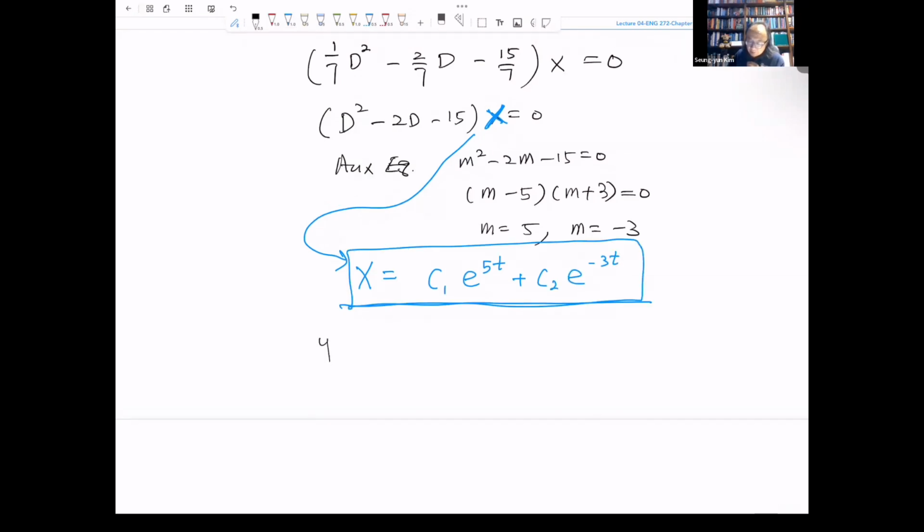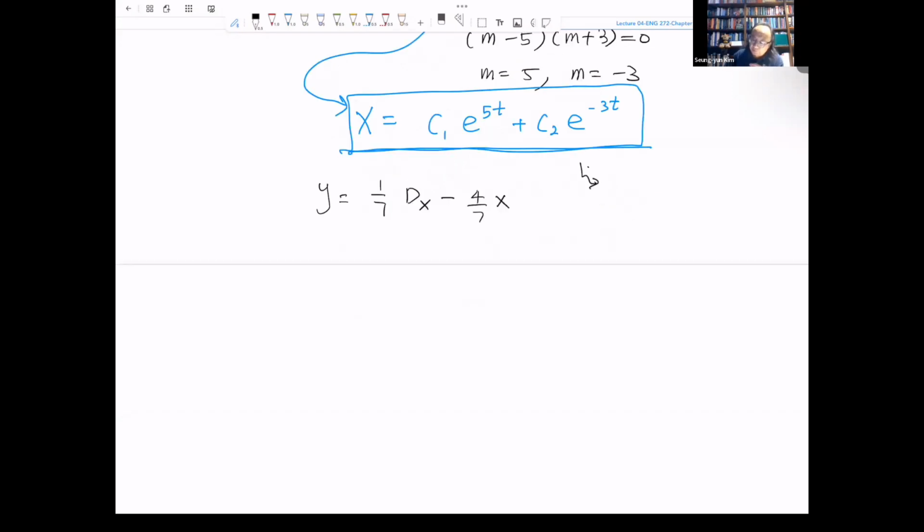And then we had y equals 1 over 7 Dx minus 4 over 7 x. So if you find Dx, we have 5 C1 e to the 5t minus 3 C2 e to the negative 3t.